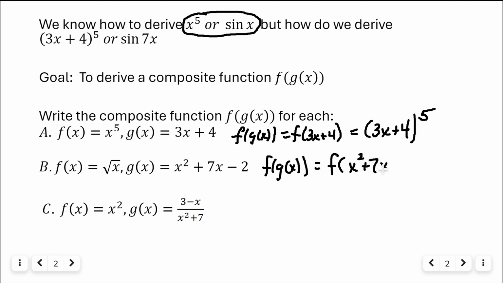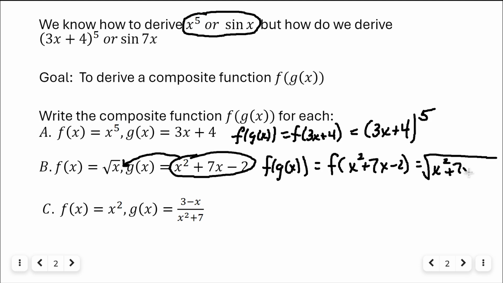All right, so f of g of x in the second one. g is the inside function, x squared plus 7x minus 2. And then I'm going to take this and put it inside of f, so put it in there for x. So I have the square root of x squared plus 7x minus 2. That's it. And this third one here, f of g of x.